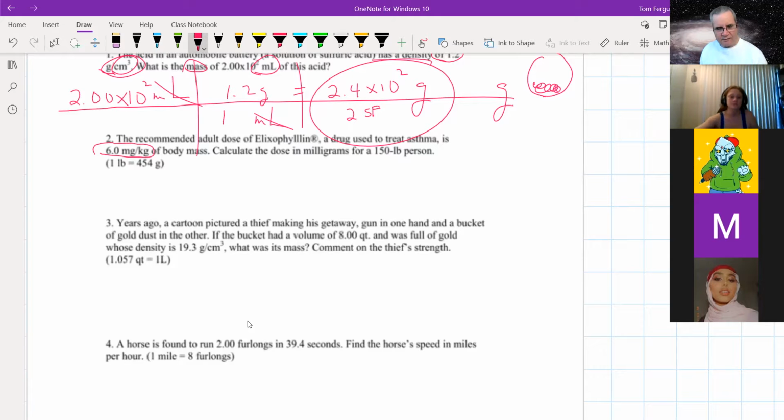Now, for example, I had my dog in, and we were trying to calculate the dose. It was an allergy medication, Zyrtec or something like that, and we needed to measure the mass of my dog to figure out the amount that we're going to give him. Anyway, the drug manufacturer will always give you this number here.